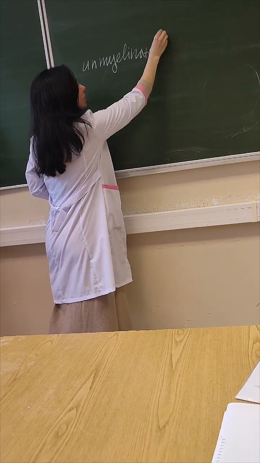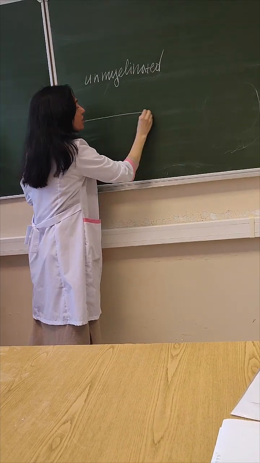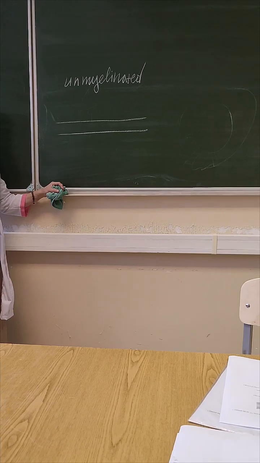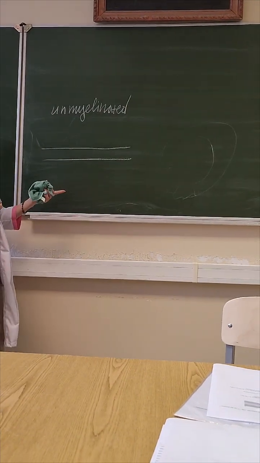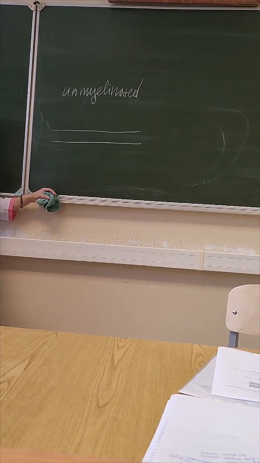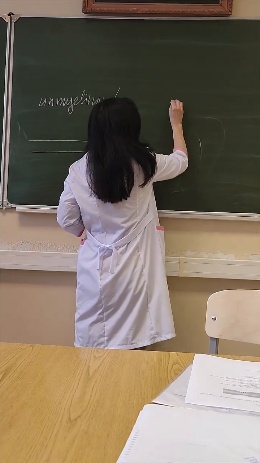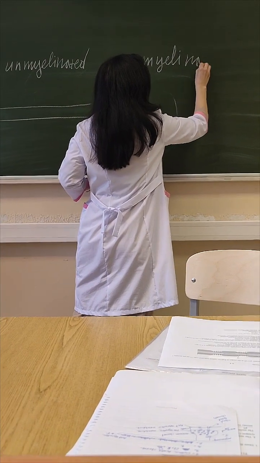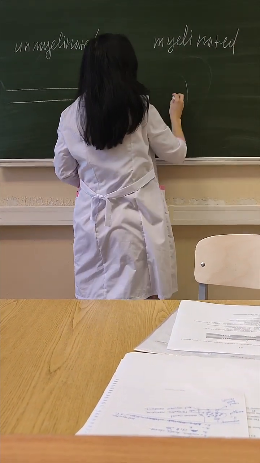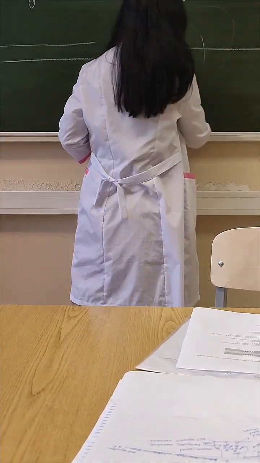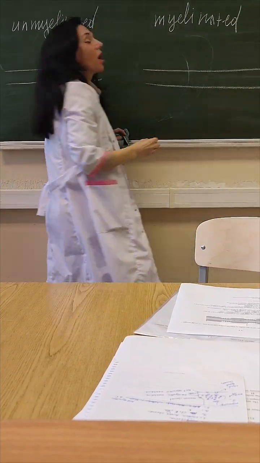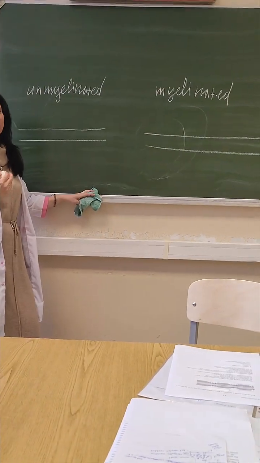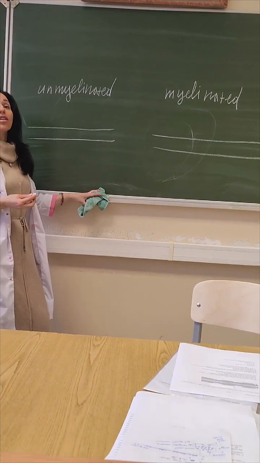Nerve fibers with myelin sheath. Myelin sheath is formed by special glial cells.